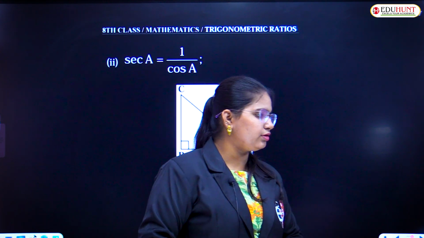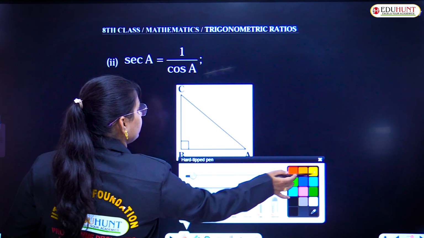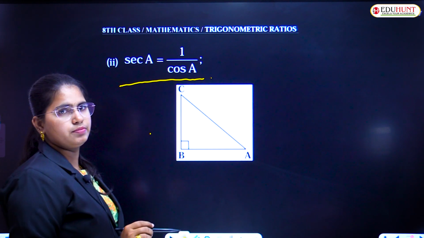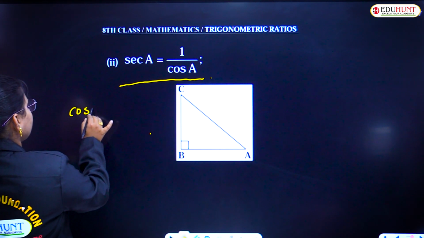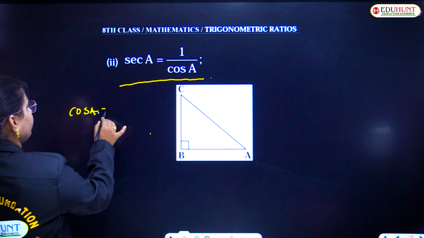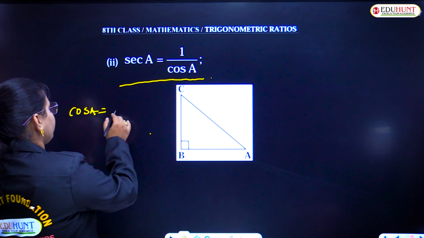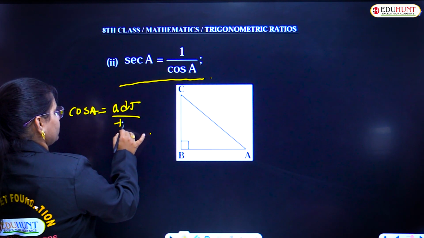Let's see the other reciprocal function. Secant A is equal to 1 by cos A. First of all, tell me, how do you define the cos A value? The definition of cos A is adjacent upon hypotenuse.